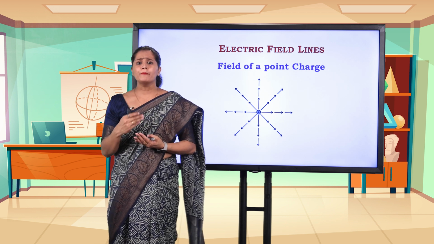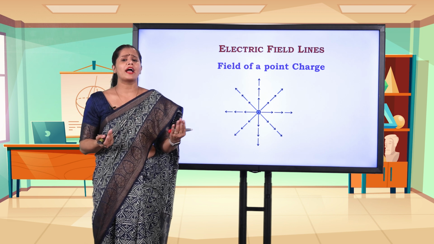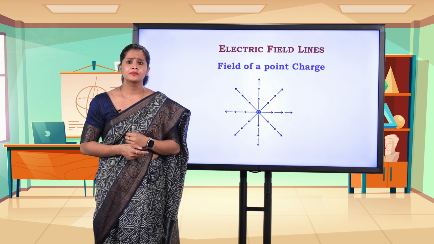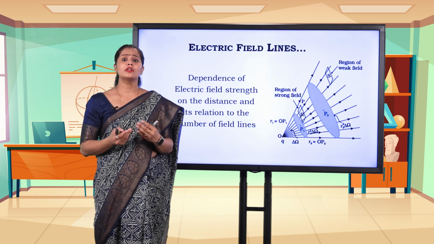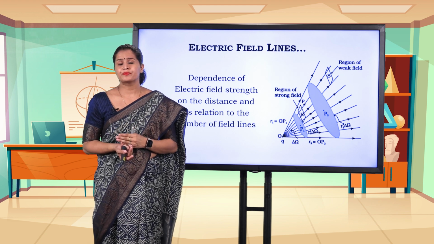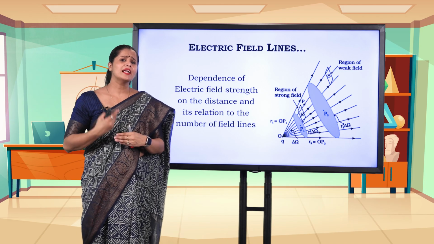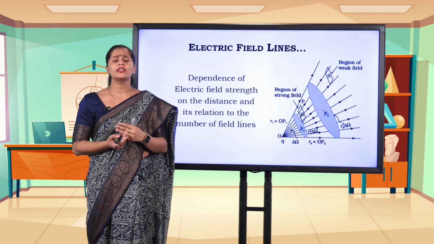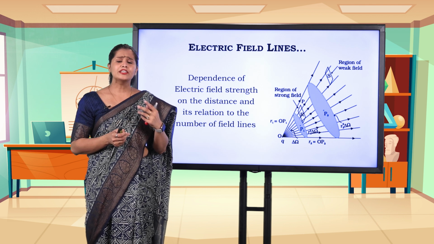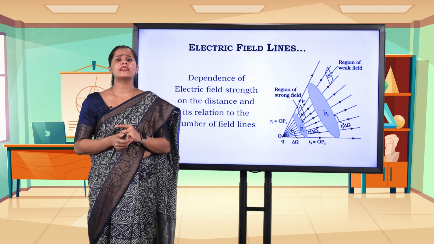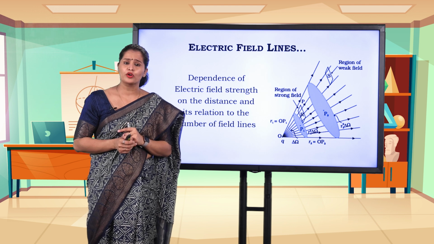But the number of field lines drawn may vary from person to person. Another person may draw more lines, but the number of lines here is not important. In fact, an infinite number of lines can be drawn in any region. It is the relative density of the lines in different regions which is important.